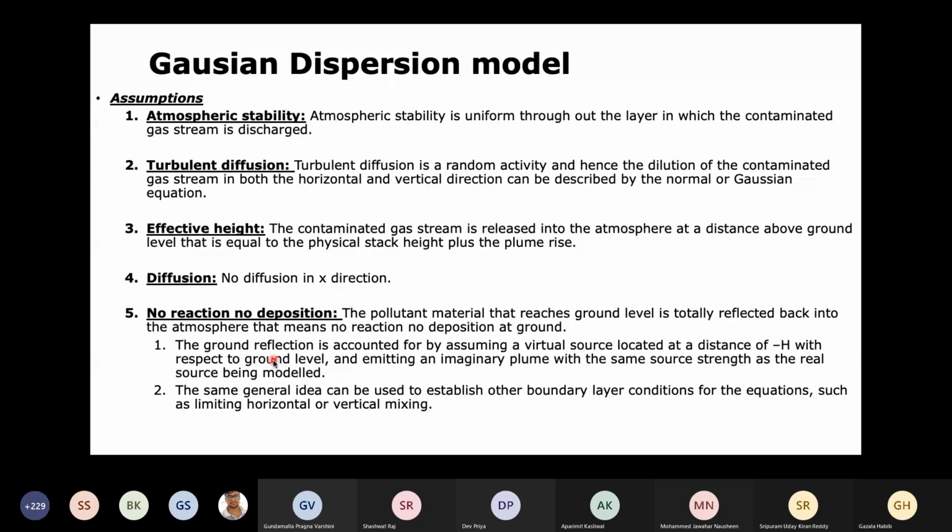Diffusion means traveling of pollutant from a high concentration to a low concentration zone, right? This is diffusion, mass diffusion.